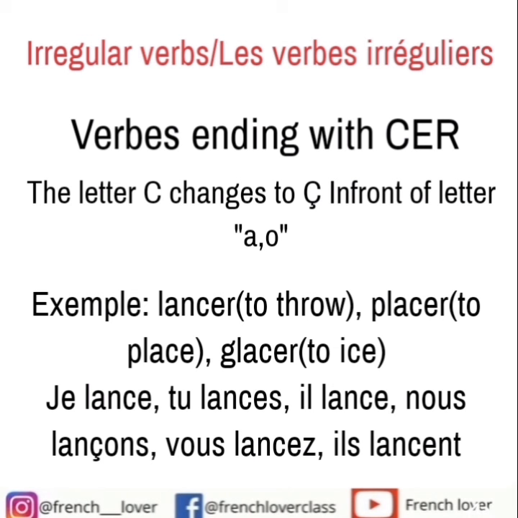For example, je lance, tu lances, il lance, nous lançons. That C has a little tail, la cédille. Without that tail, we'd be sounding lancon, which is wrong since everybody else is sounding like an S.